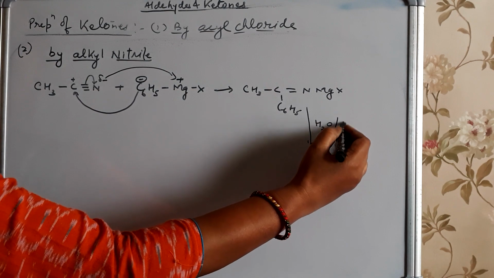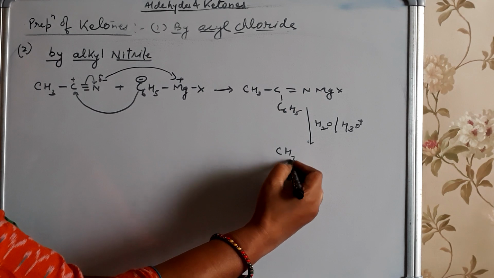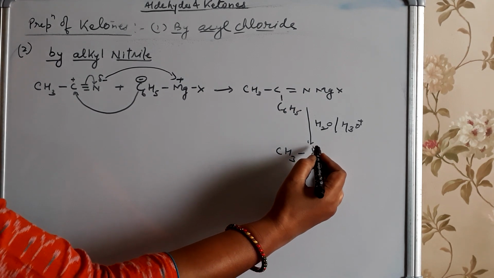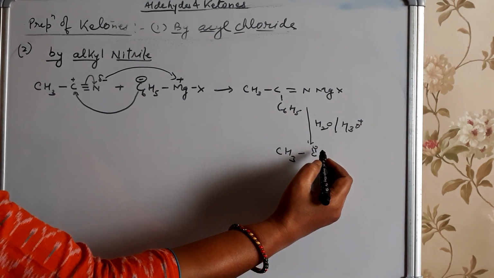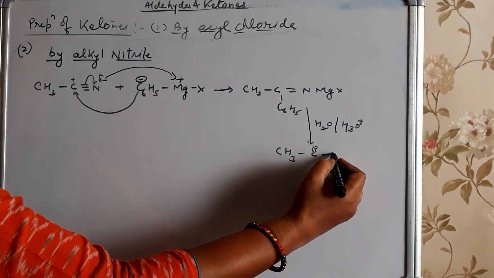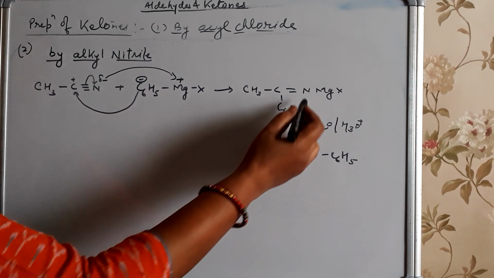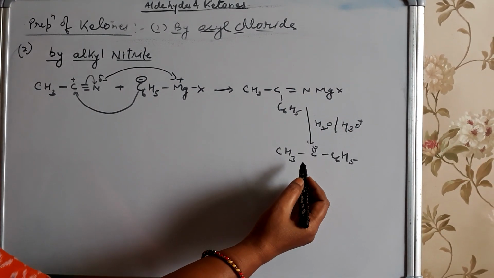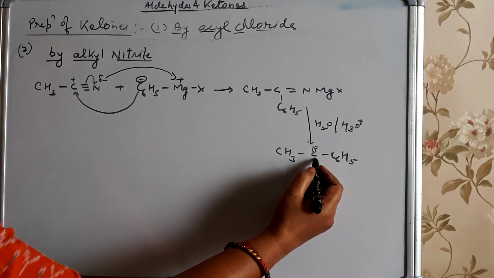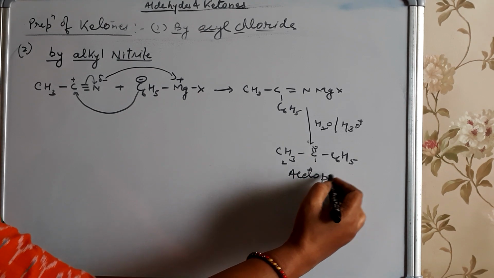Either simple water or acidic hydrolysis takes place. Formation of CH3 C double bond O and C6H5, along with a byproduct. So formation of acetophenone.